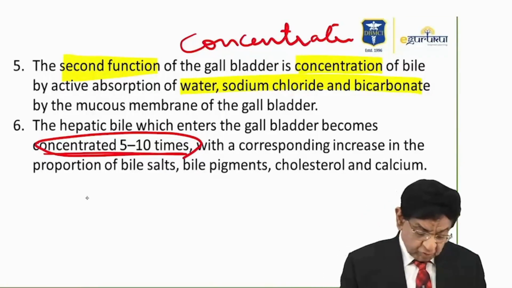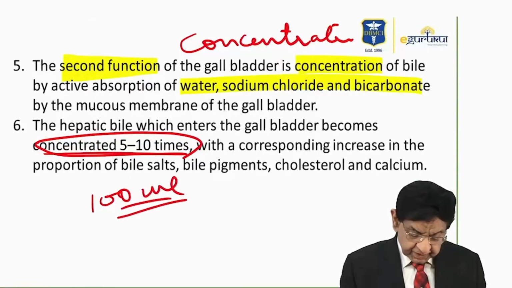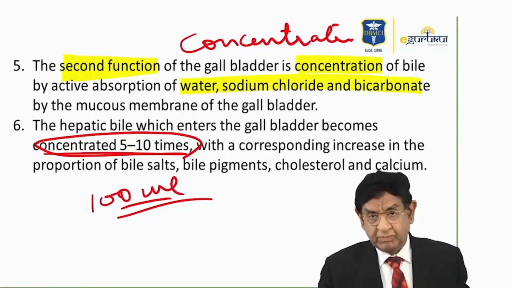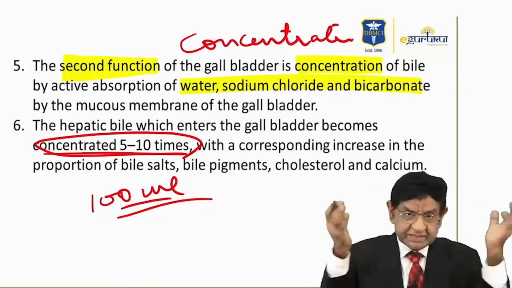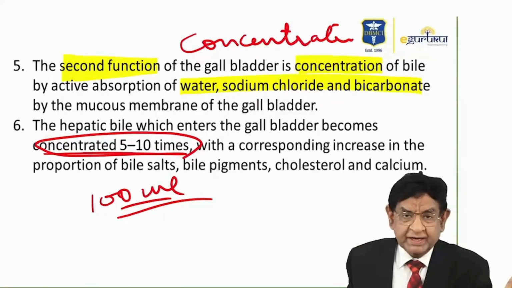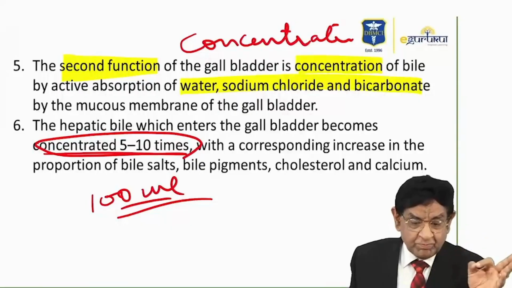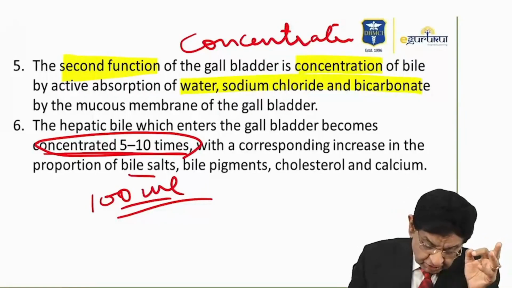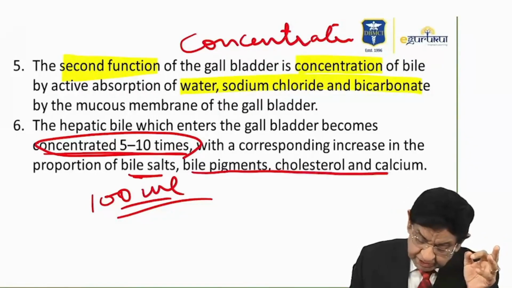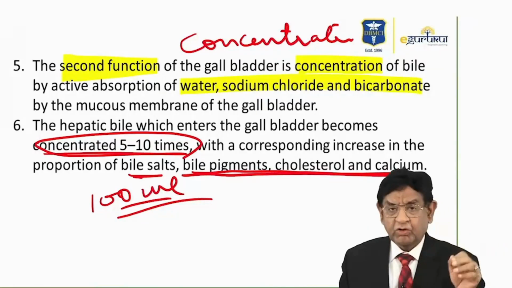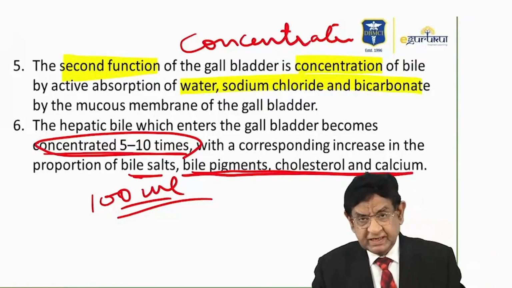That means somewhere around 100 ml of bile, all by concentration. So definitely if the water is getting absorbed and sodium chloride is getting absorbed, the other components will have increased concentration. What are the other components? Bile salts, bile pigment, cholesterol and calcium. All these we discussed will increase.